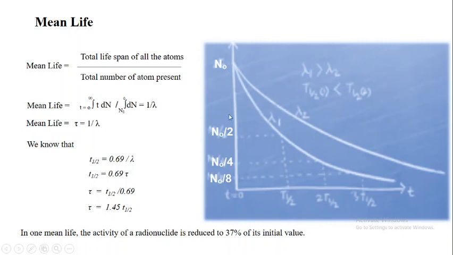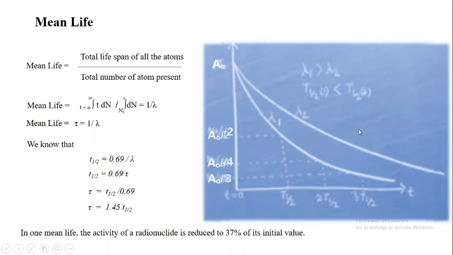But if the decay constant is greater, the activity is greater, more and more radionuclides disintegrate, and the number of radionuclides reduces too quickly. So if the decay constant is greater, the half-life would be less; if the decay constant is smaller, the half-life would be greater.